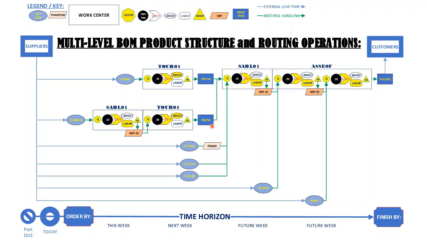P36754. Again, we will need P36754, P35110, and 3 other purchase components when we go to pick this material and then stage it at its upstream work center called SABL01.